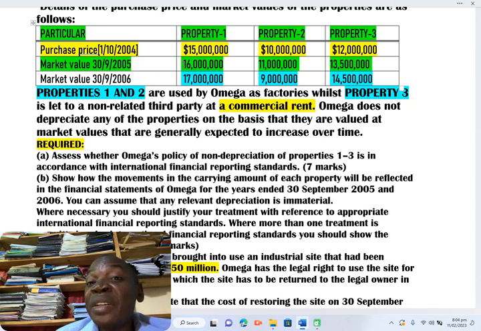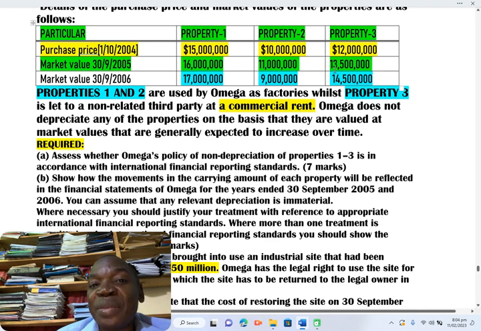Property 2 nayo imeenda 11. Property 3 imeenda ngapi? 13. Baada ya miaka miwili, property 1 imetoka 16 kwenda 17, wakati property 2 imetoka 11 kwenda 9. Property 3 imetoka ngapi? 13 kwenda 14.